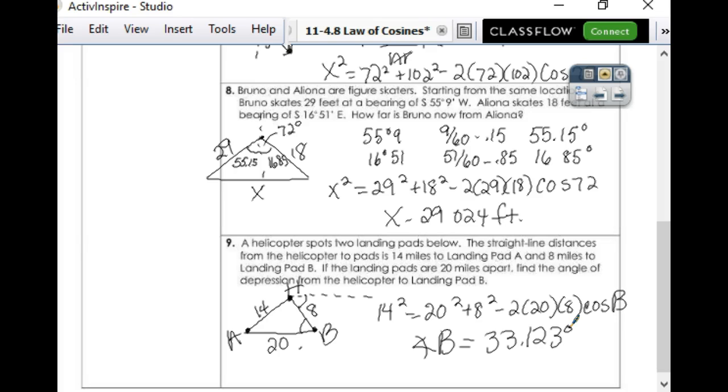14 squared minus 20 squared minus 8 squared equals. I've only done 3 things here.